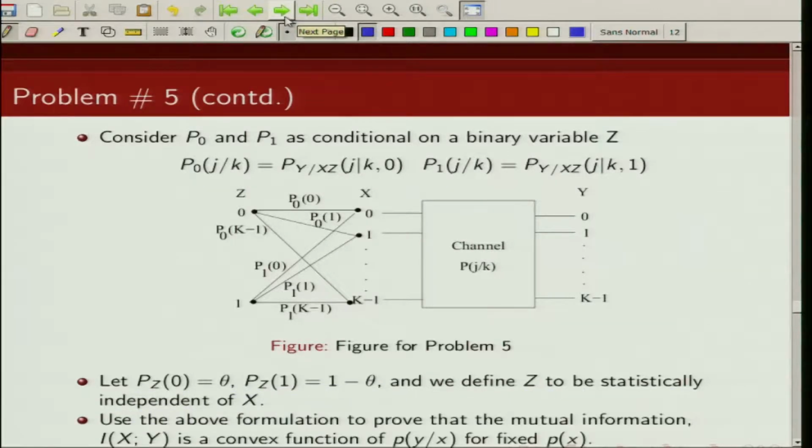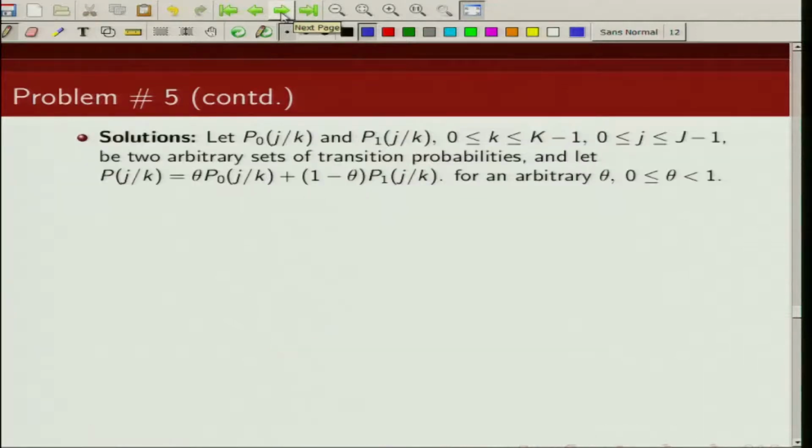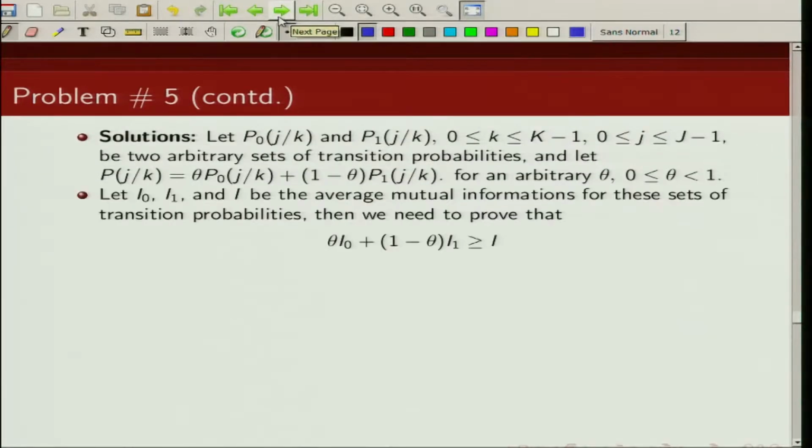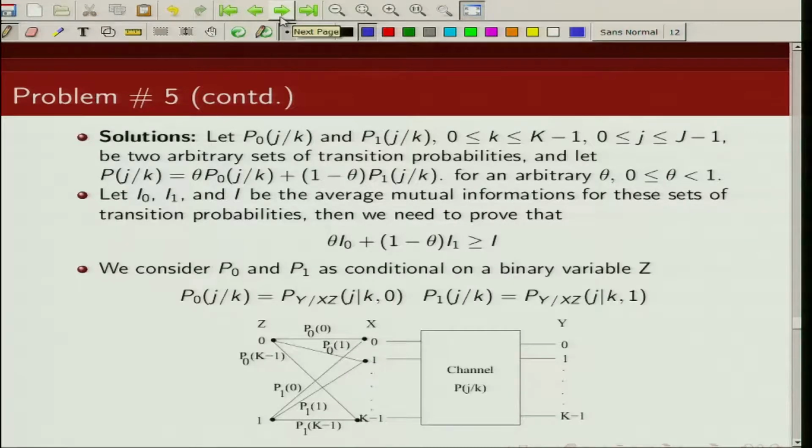Now we want to show that mutual information is a convex function of p of y given x for a fixed p of x. So let us see. As I said, we have to prove this. We already showed that we are considering P0 and P1 as conditioned on this binary random variable z.